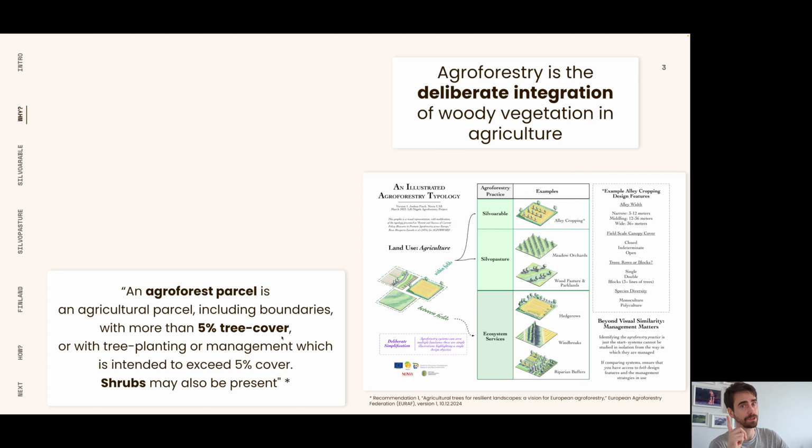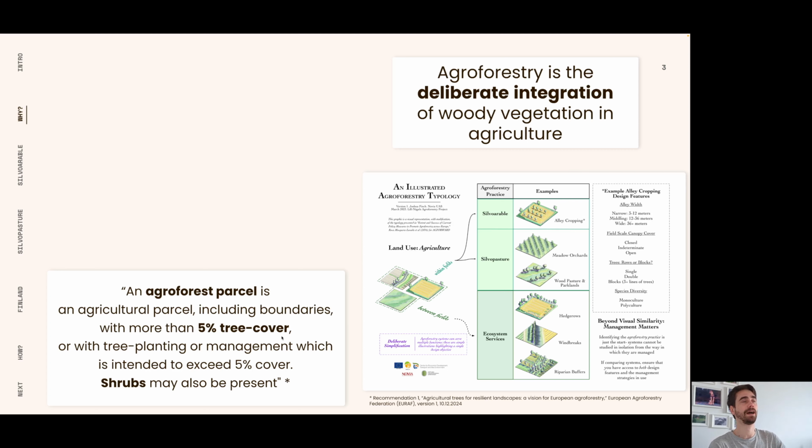So let's not get it into our heads that agroforestry means turning fields into forests. It can be as simple as bringing in a small number of trees, even at 5% tree cover. So that's something that can be measured using remote sensing.